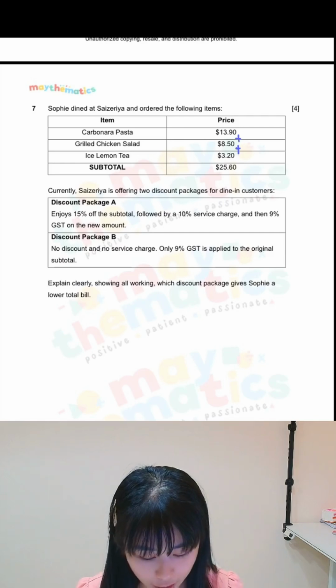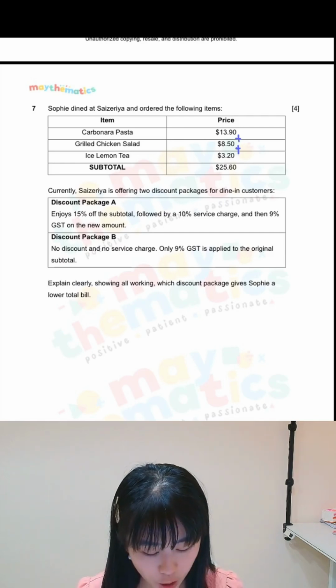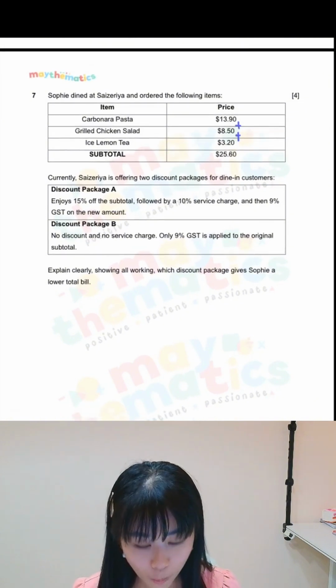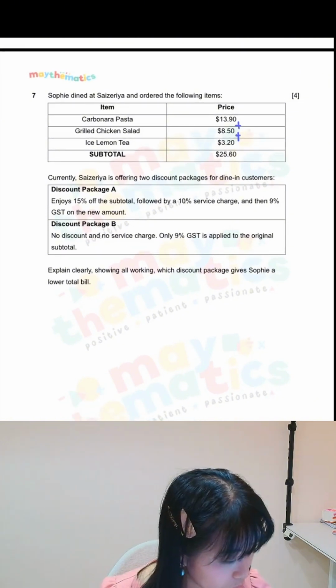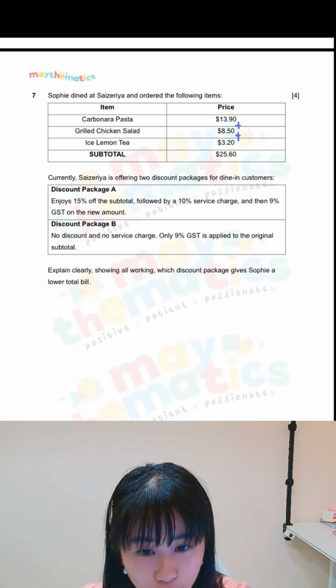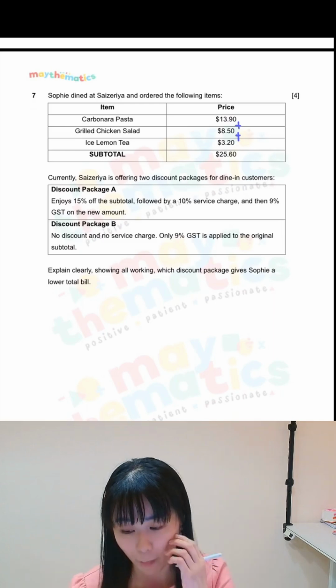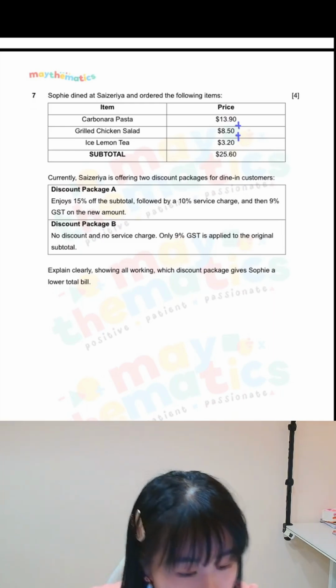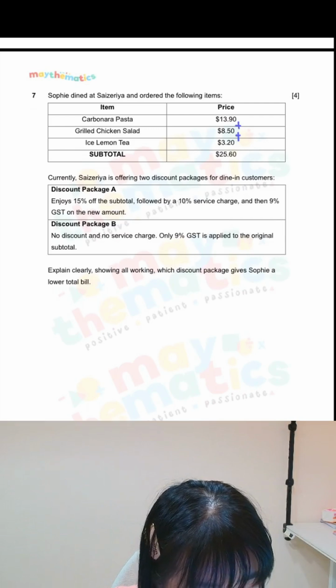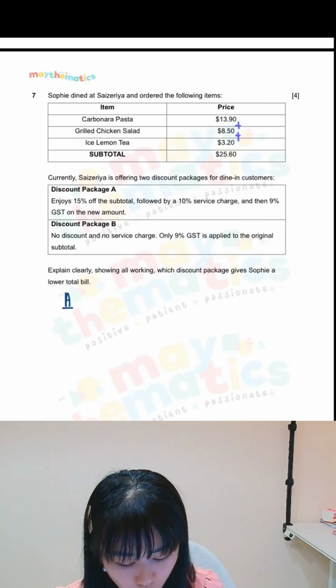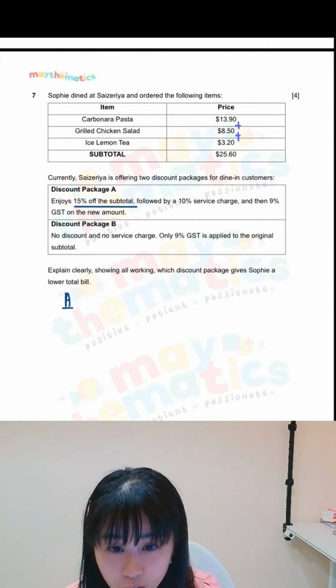Currently, Caesarea is offering 2 discount packages for dining customers. For discount package A, you enjoy 15% off the subtotal, followed by 10% service charge, and then a GST on the new amount. So for package A, you need to take the 15% off first.